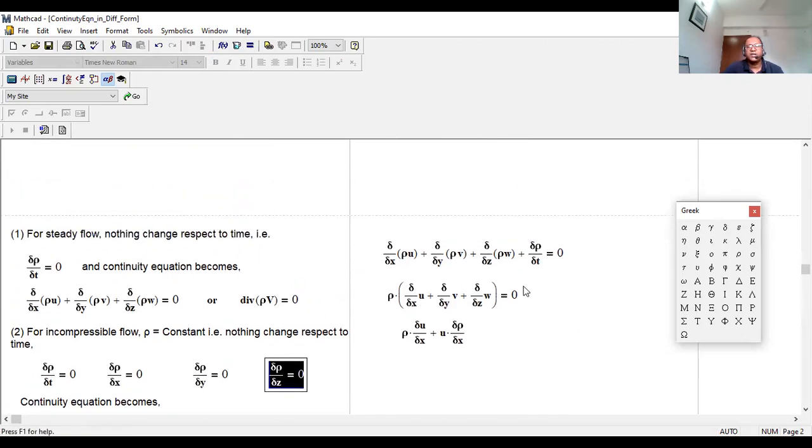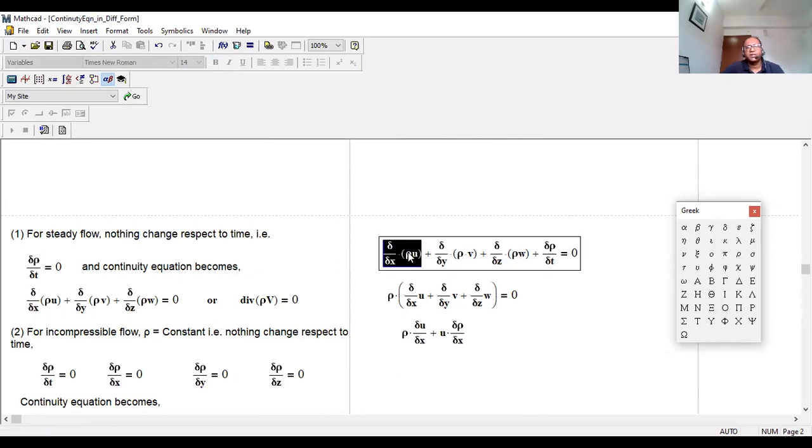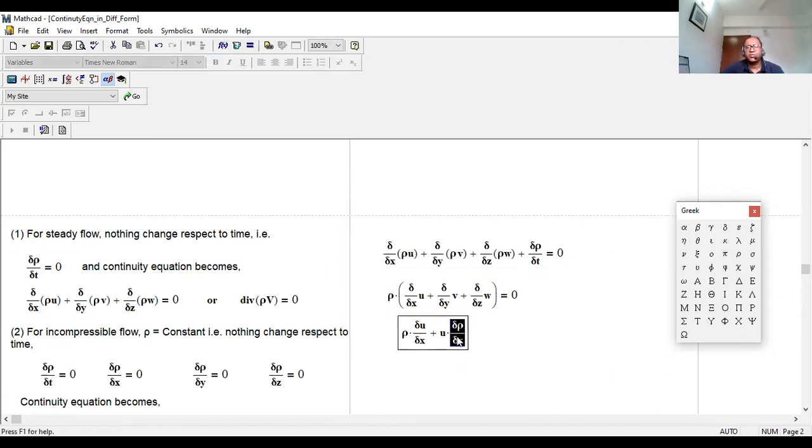Even rho u, you can break this term into two terms: rho into del u by del x plus u into del rho by del x. Then rho is not changing with respect to x, so this will be 0. So you have only this term.